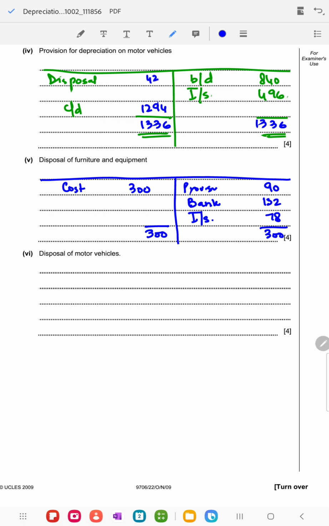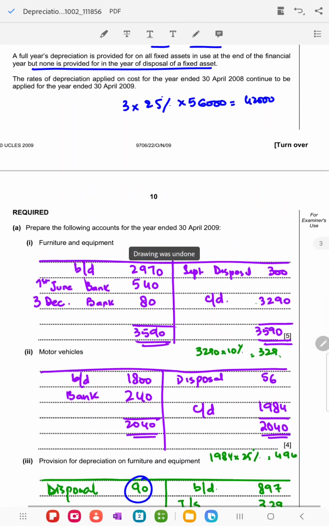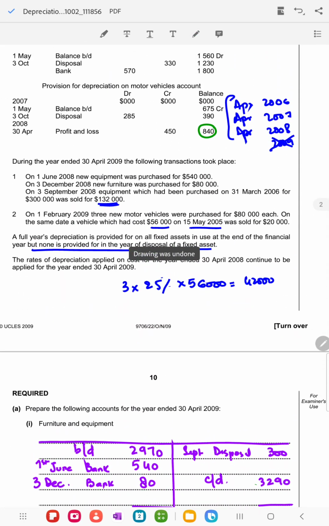Okay, for the disposal of motor vehicle, the cost was 56. The provision charged was 42. Now what is the value of the asset? Let's go back. On 1st February 2009, 3 new motor vehicles were purchased.